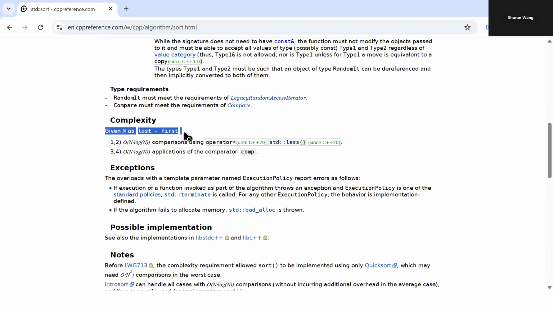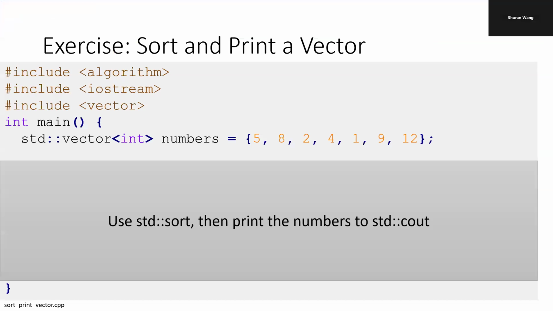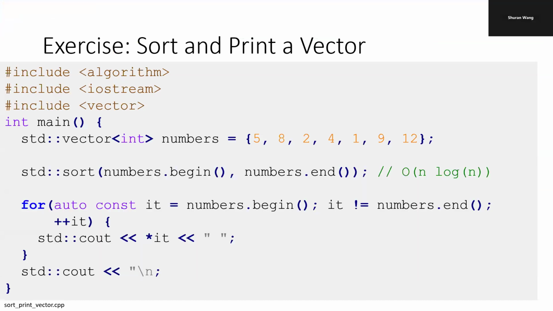Given n as last minus first, O(n log n). That's how you find all of the information you need for any of the functions that you'll be using. So sort will take in the beginning and end iterators, and it will take O(n log n).